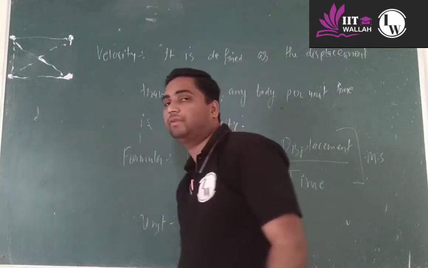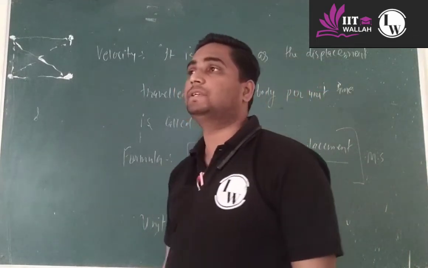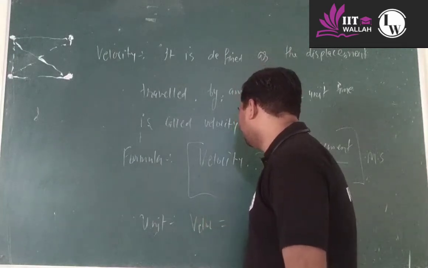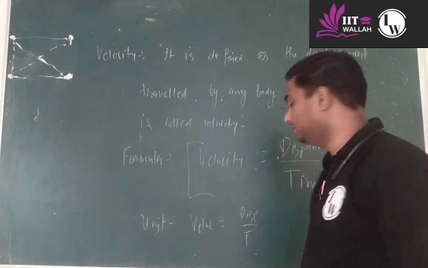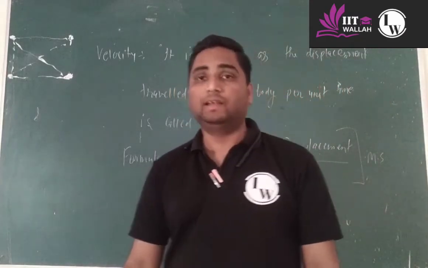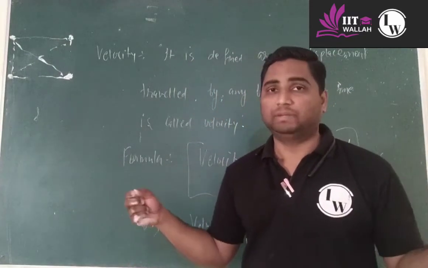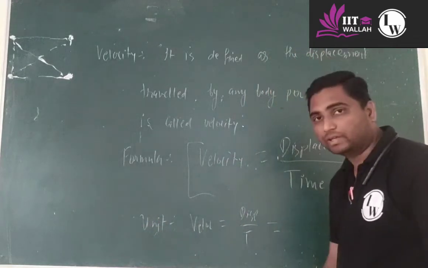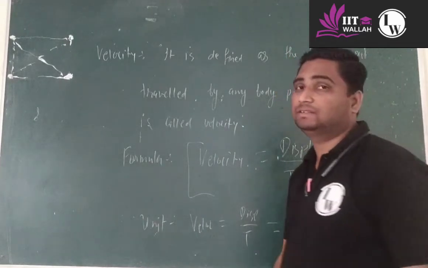Now you have to find the unit. How to find the unit of any physical quantity? So you know that the formula of velocity is displacement upon what? Time. And the unit of displacement is what? Length. And length you can take in meter, centimeter, kilometer, millimeter, or femtometer, nanometer, decimeter, decameter, like that.